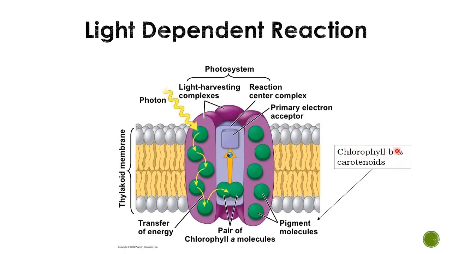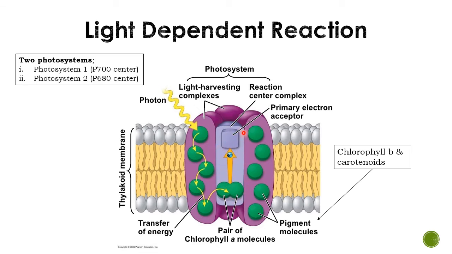This pigment will harvest the light energy. The reaction center complex consists of a pair of chlorophyll A molecules, meaning we have two chlorophyll A molecules paired together, and a primary electron acceptor. This is where the electron transfer will occur.